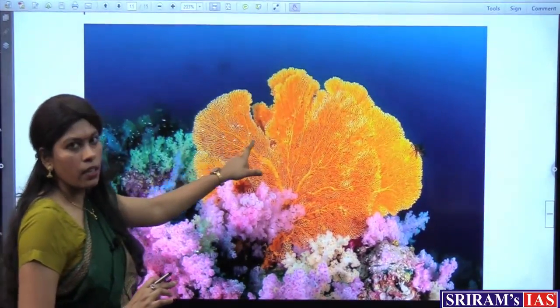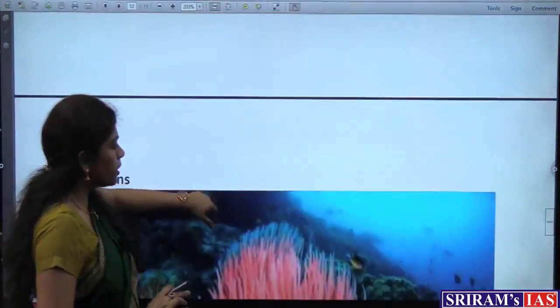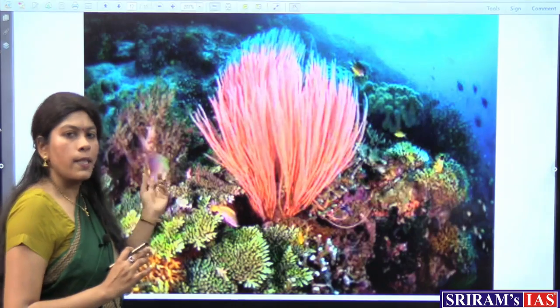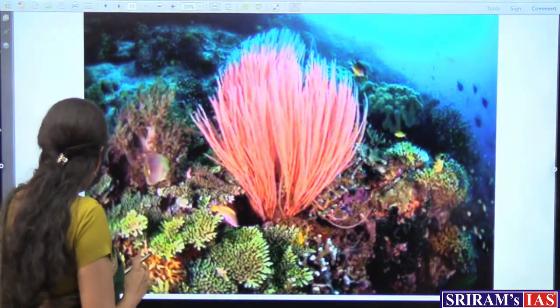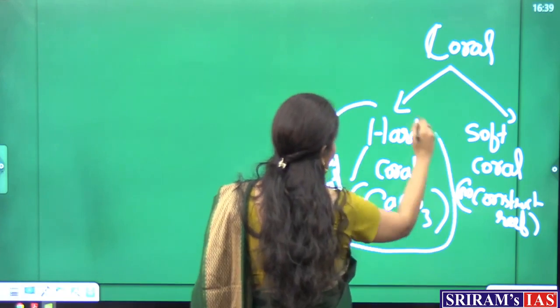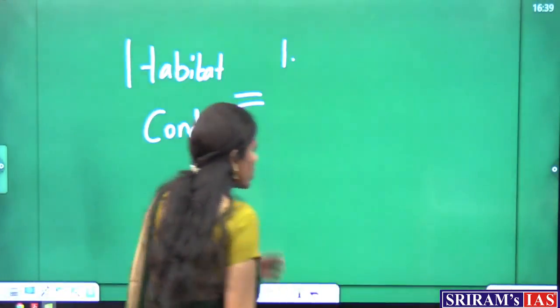This is a sea fan, it is very flexible. It is also coral only, it does not build reef. This is a sea whip, you can see here, this is also an example of soft coral. Now especially we are talking about hard coral. For them, the conditions where they live are very important and specific.